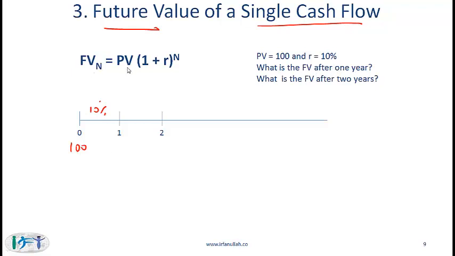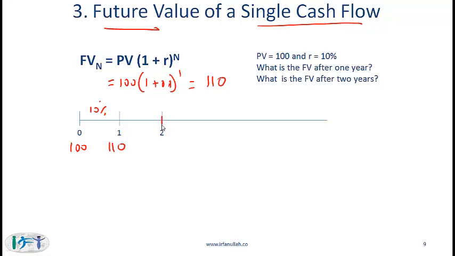If you plug into this formula, what you see is the following. The present value is 100, R is 10%, and in this formula we will use the decimal. So 1 plus 0.1 to the power of 1. This is equal to 110. So after 1 year, 100 will compound to 110.